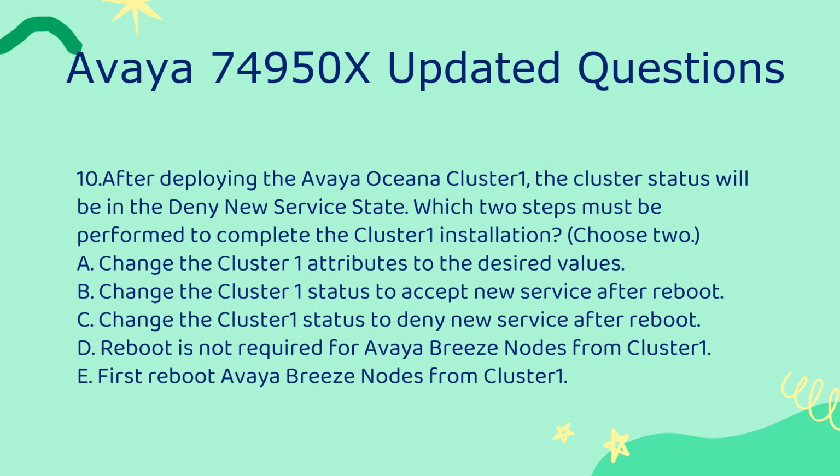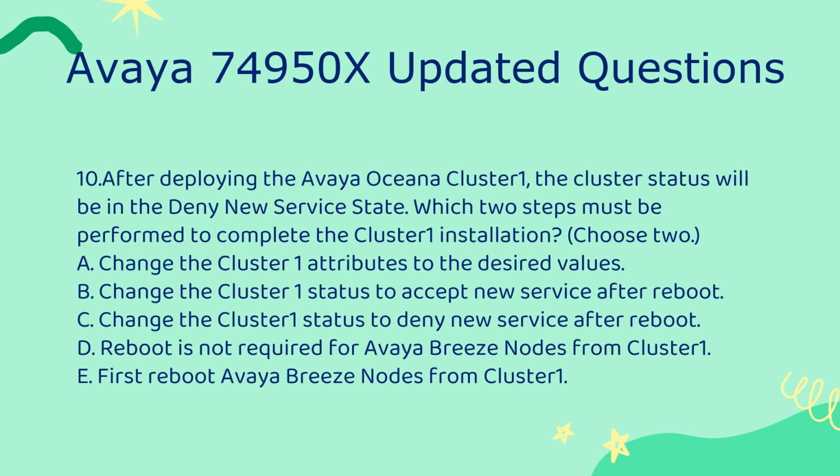10. After deploying the Avaya Oceania Cluster 1, the cluster status will be in the Deny New Service state. Which two steps must be performed to complete the Cluster 1 installation? Choose 2. A. Change the Cluster 1 attributes to the desired values.